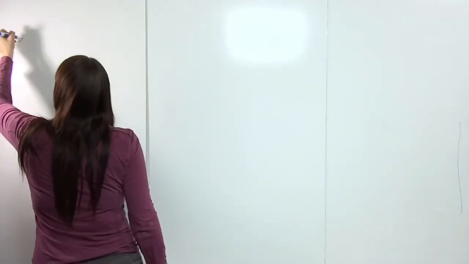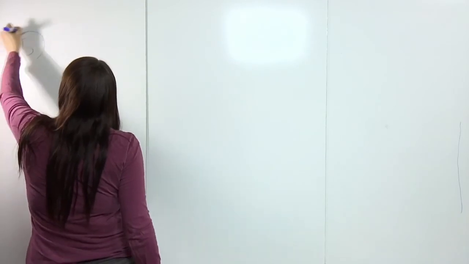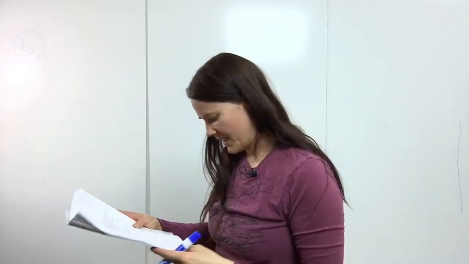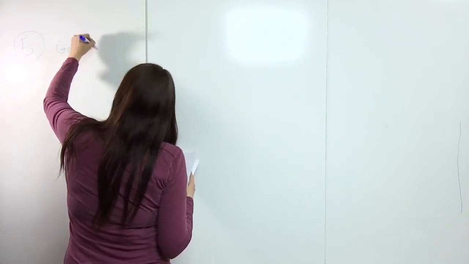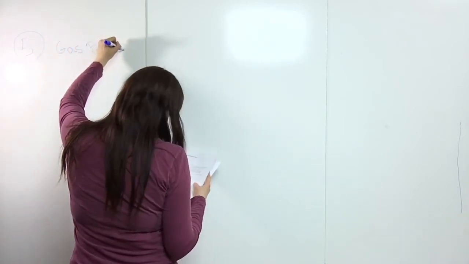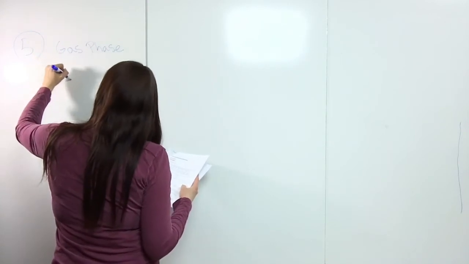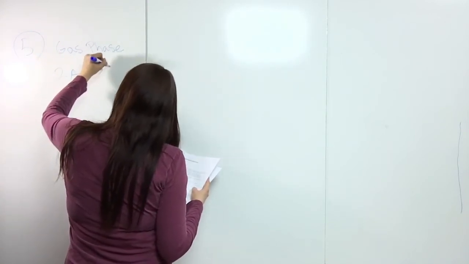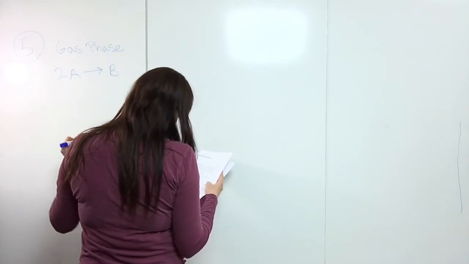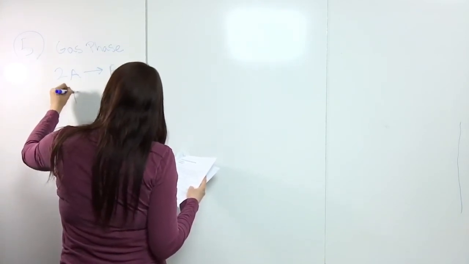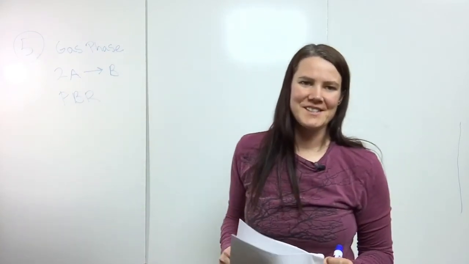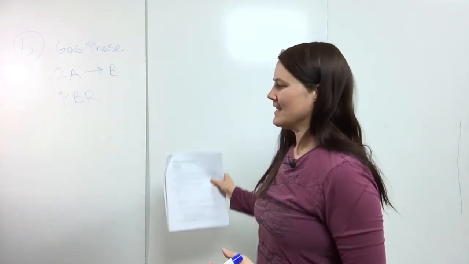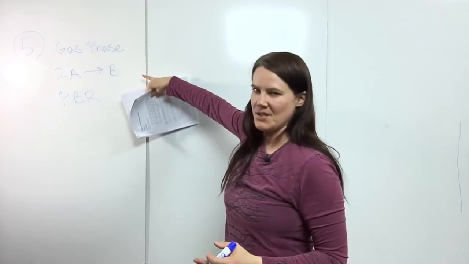All right, so for number 5, you have a gas phase reaction, 2A to B, and it's taking place in a PBR. So I'm just going to keep saying this because this is how I always do these problems.